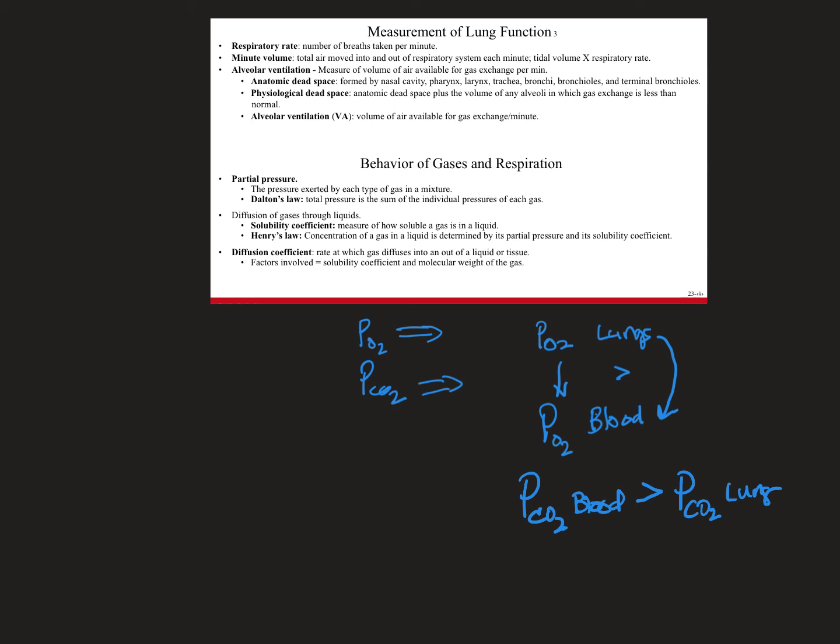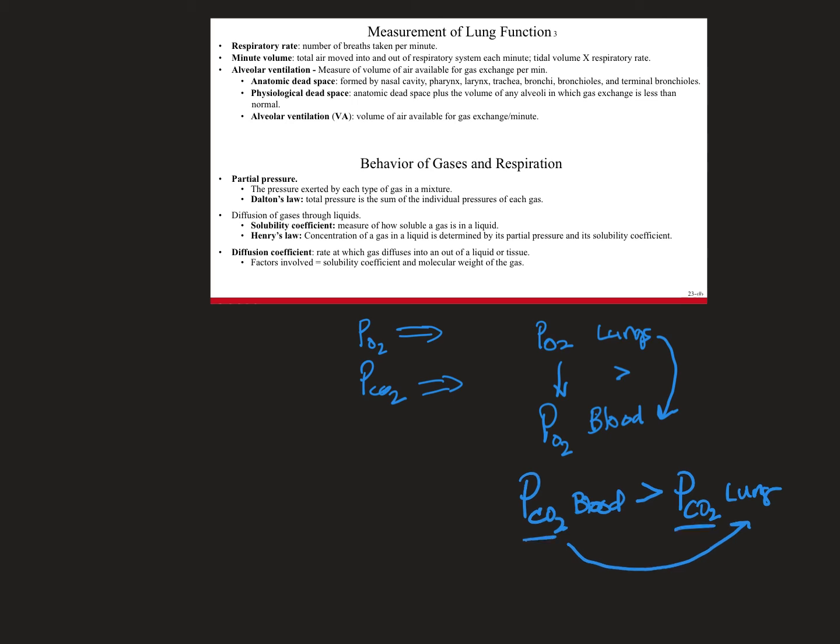It's going to move from the blood to the lungs. Yes, it is, because remember what I said earlier, gas will always move down the pressure gradient from the higher pressure to the lower pressure.